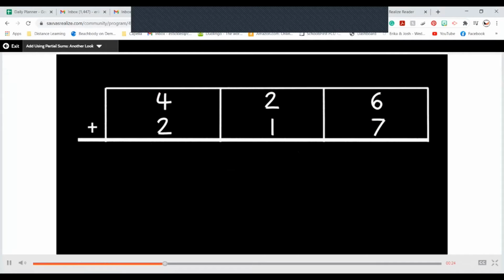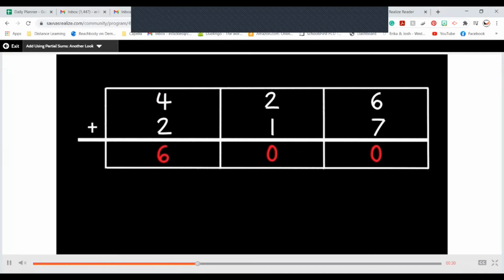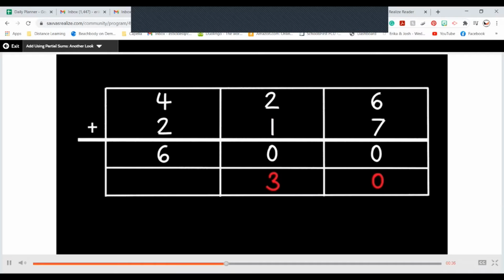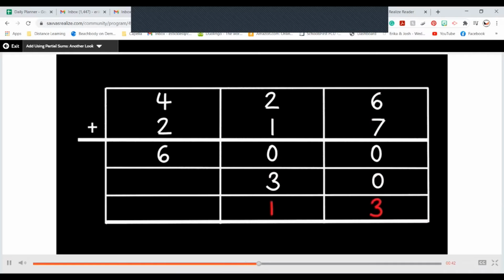So first, the hundreds. 400 plus 200 equals 600. Now the tens. 20 plus 10 equals 30. Lastly, the ones. 6 plus 7 equals 13.